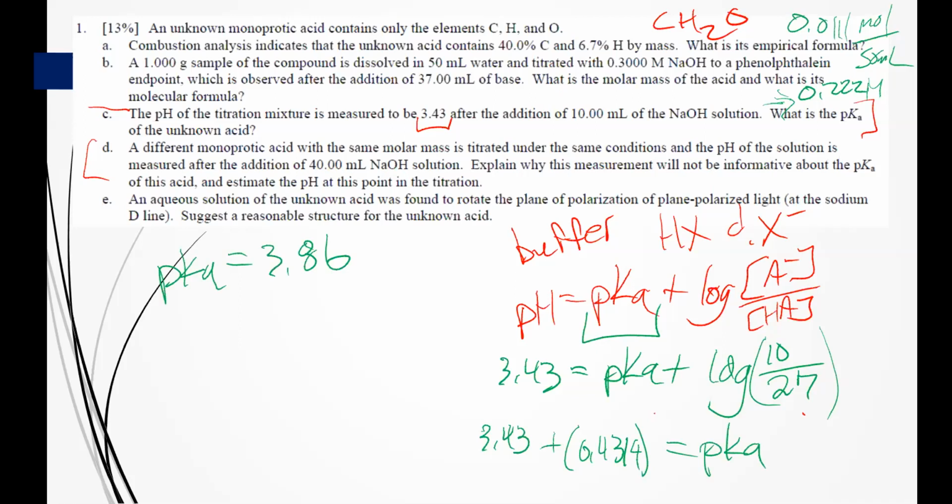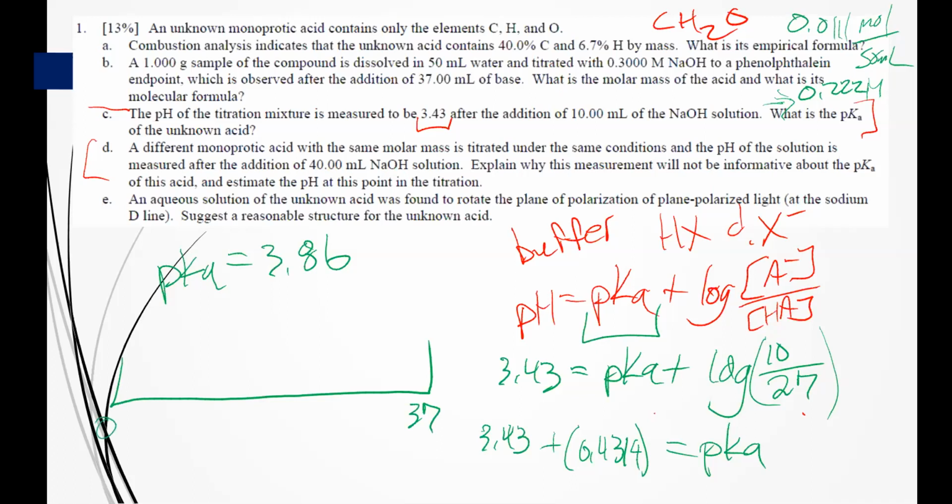Do you guys have any questions on that part? Nope. Yeah, could you explain again how you got 10 over 27? Sure. So if this was me doing my titration, 37 is when we get to our equivalence point, and 0 is when we started.